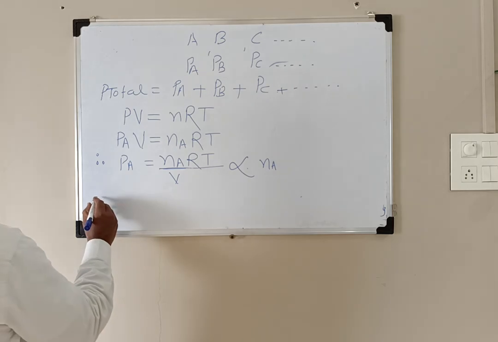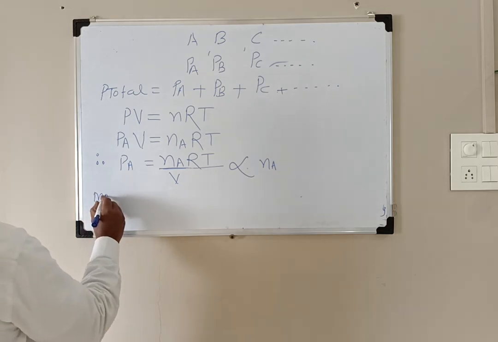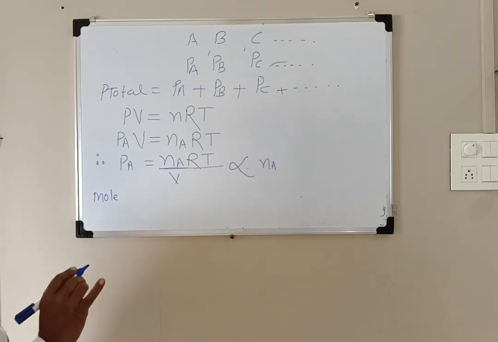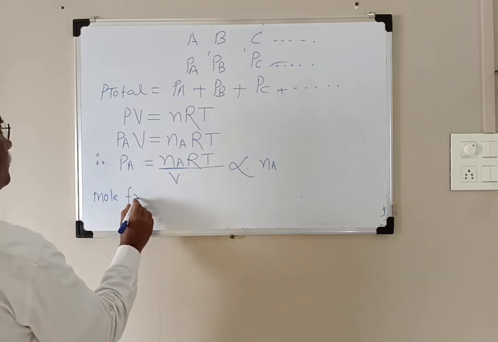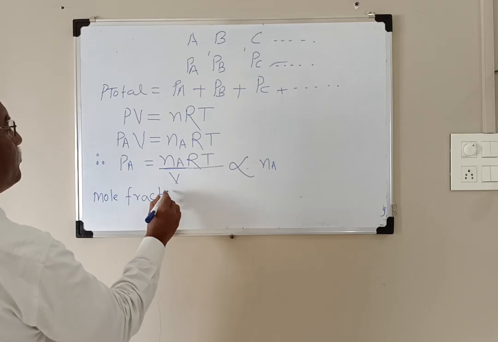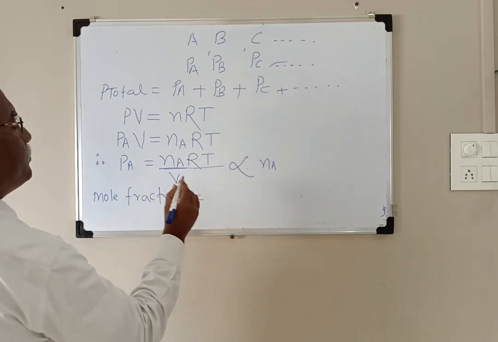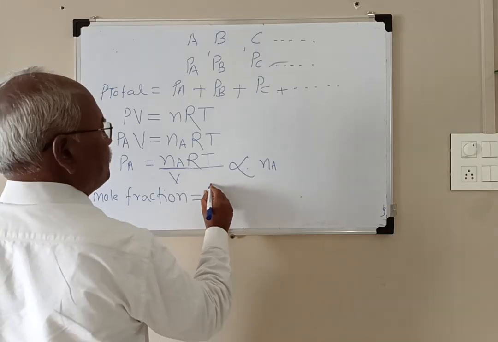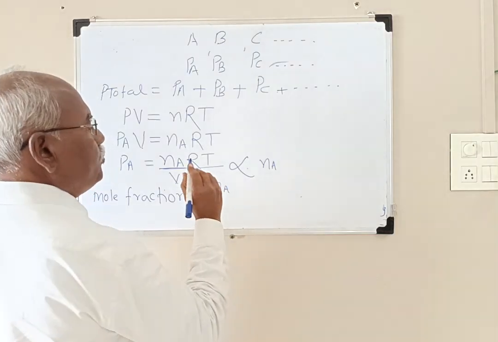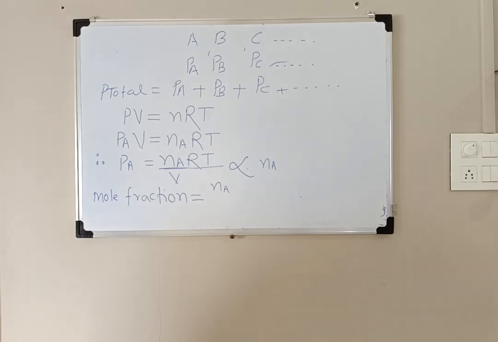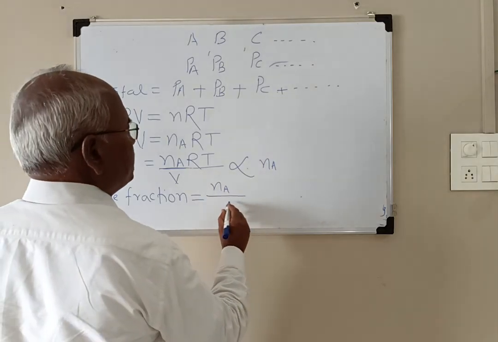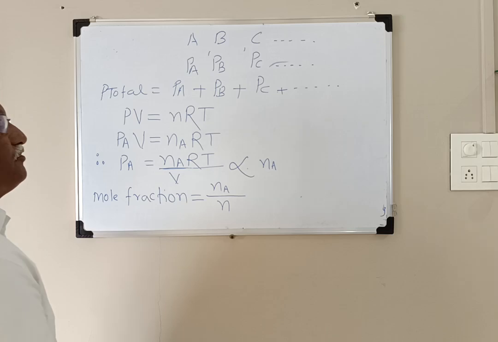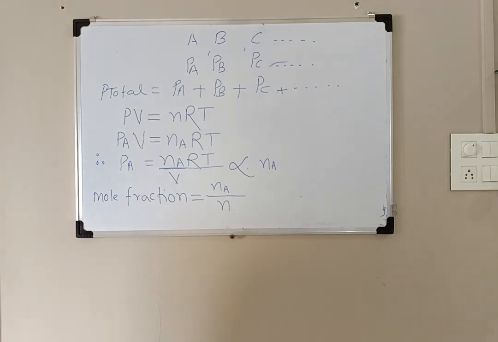Then I write the same equation: PV is equal to nRT. Mole fraction. This is another important term, mole fraction. In the problems we are going to solve, how to calculate mole fraction. Mole fraction is the ratio of moles of component A divided by the total number of moles of the gas mixture.